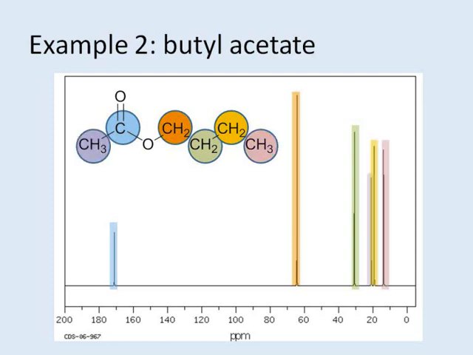The CH3 group at the right hand end of the molecule corresponds to the peak furthest upfield, just above 10 parts per million. The other CH3 group on the left hand end of the molecule occurs further downfield due to the influence of the adjacent carbonyl group.